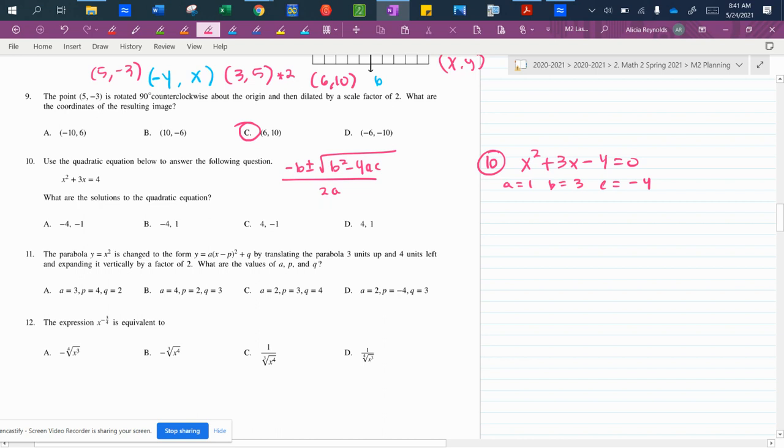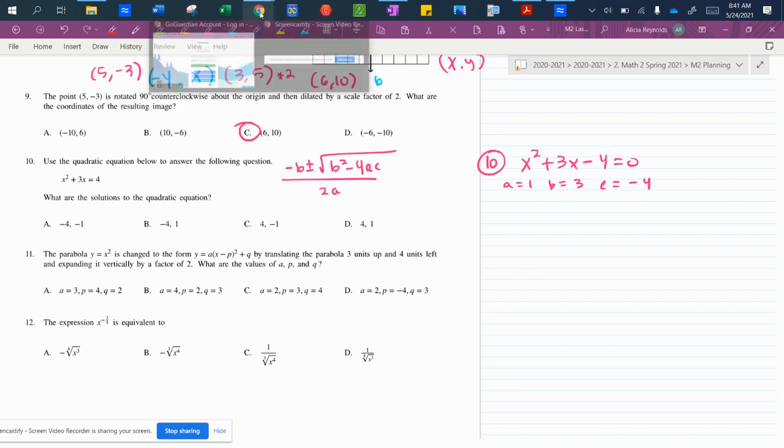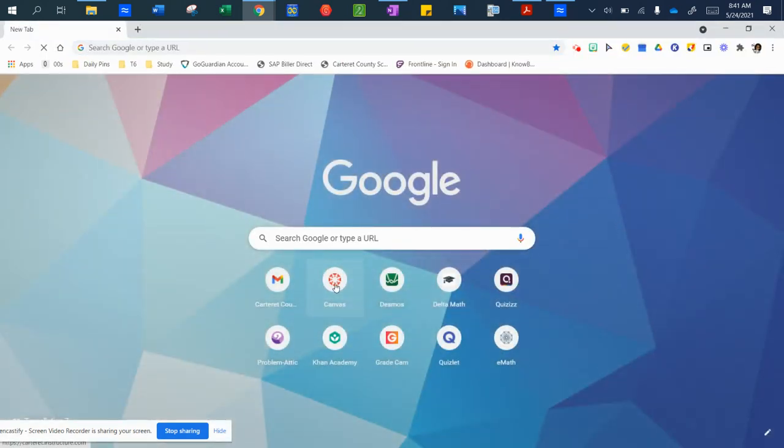Everybody log into Canvas? When you get there, open the Desmos calculator and type this equation in.